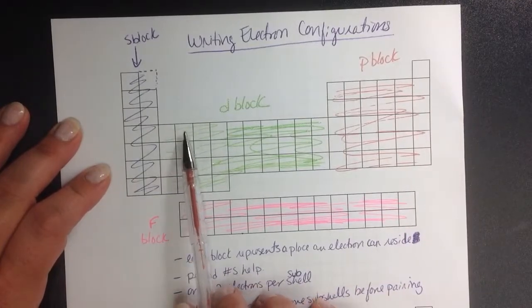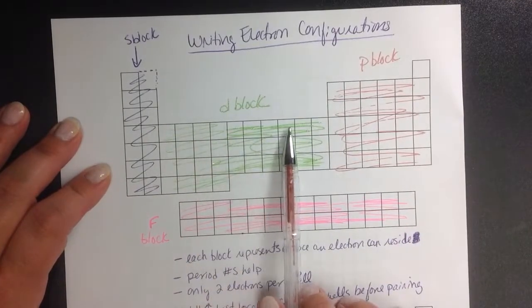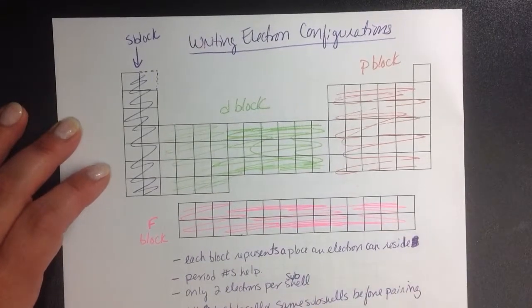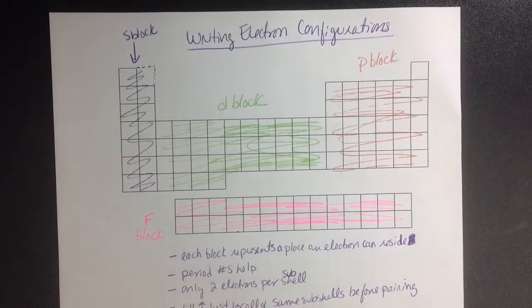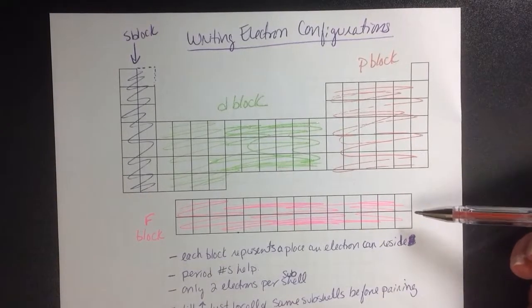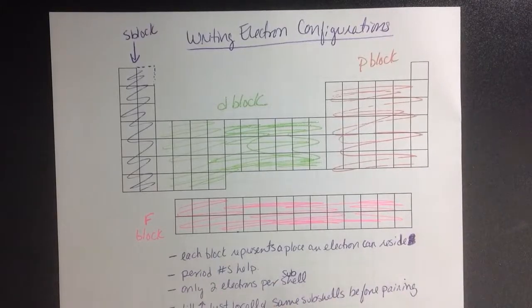The d orbitals are 1, 2, 3, 4, 5, 6, 7, 8, 9, and 10 perfectly, because these are filling d orbitals. And I'll show you what I mean about filling them, because this is something you have to see before you understand what's going on. This would be filling f orbitals. There are 7 of them, hence why there are 14 things here.